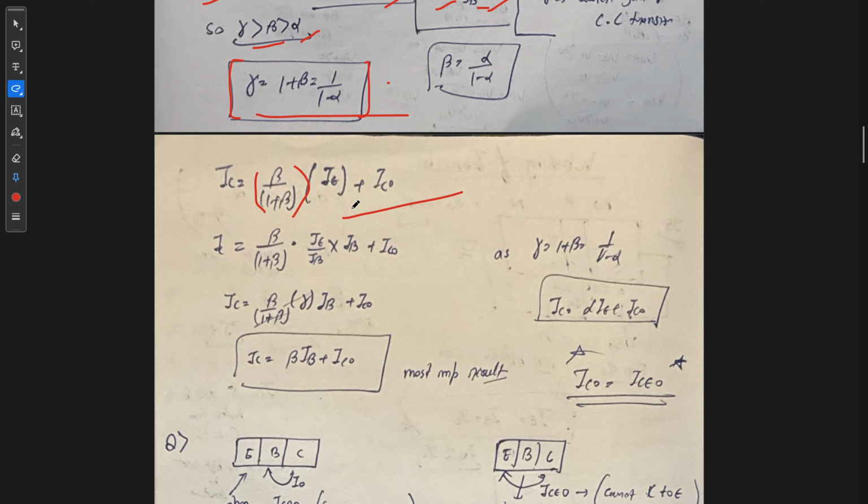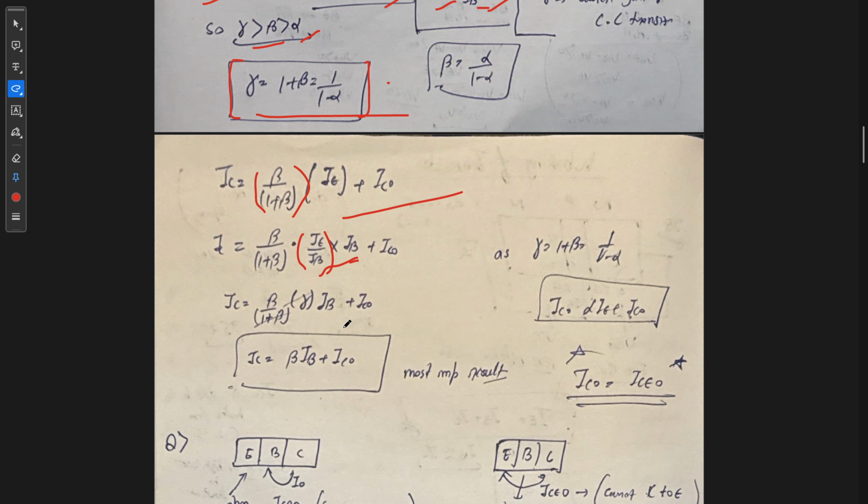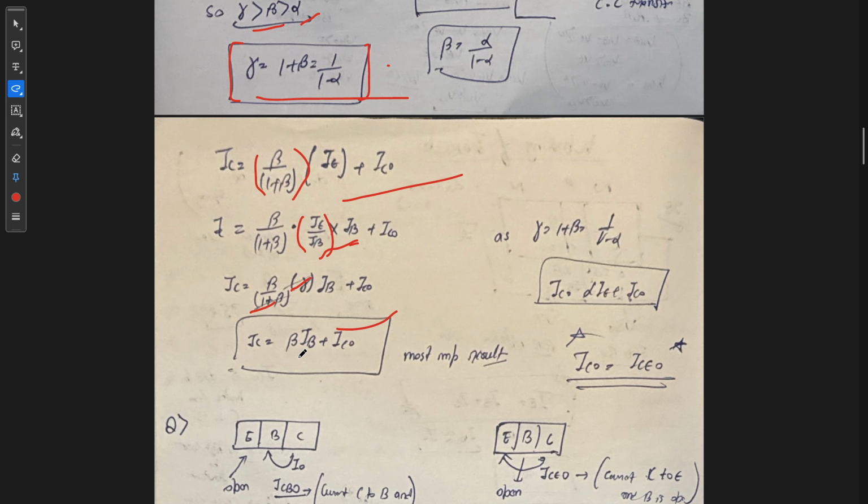On multiplying and dividing by IB in the numerator and denominator with the IE, we will get this, and IE upon IB is gamma, as we also know that gamma is equal to 1 plus beta, so it will be cut out and we will get the equation IC is equal to beta IB plus ICEO. This is the most important result of the BJT. ICO is equivalent to ICEO. ICEO is the collector to emitter current when the base is open.